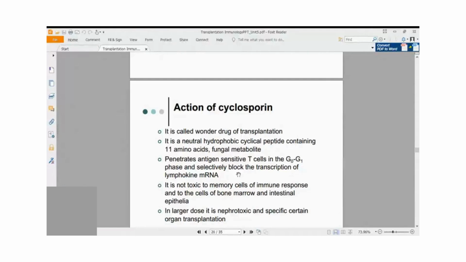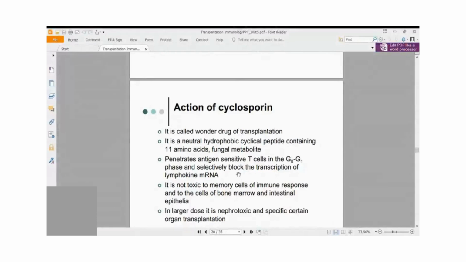Other cells which are dividing in the body, like your intestinal epithelium, or other cells which are not concerned with the production of T cells or B cells in the bone marrow, those stem cells will be proliferating, and they will produce other immune cells that are responsible for protection. Therefore, it will not completely interfere with the other types of immune response except the T cell immune response. And B cells that are dependent on T cells also will be suppressed indirectly. Therefore, it is not a highly toxic drug.